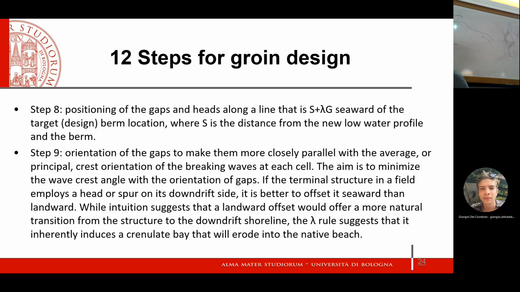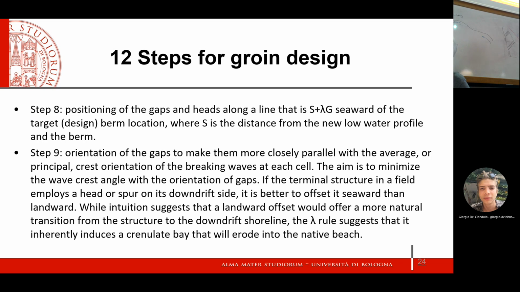If the terminal structure in a field employs a head or spur on its downdrift side, it's better to offset it seaward than landward. This is in order to help keep the control line parallel to the wave crest.